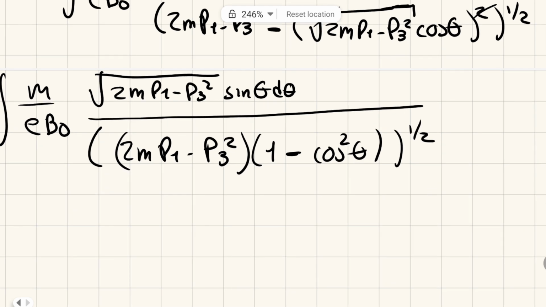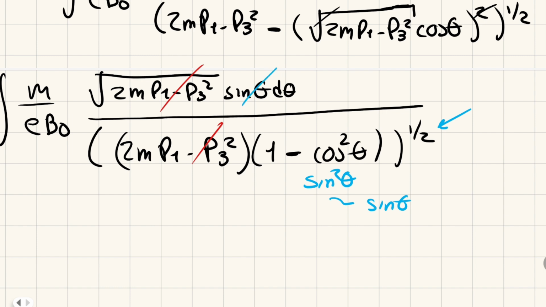Okay, perfect. So here it is easy to see that this 1/2 is the square root of this element, alright? So that means that we can cancel this element with this, and then we know that 1 minus cosine squared theta is equal to sine squared theta, but it is raised to the 1/2. So this is equivalent to a sine theta. So that means that we can cancel with this sine theta that we have here.